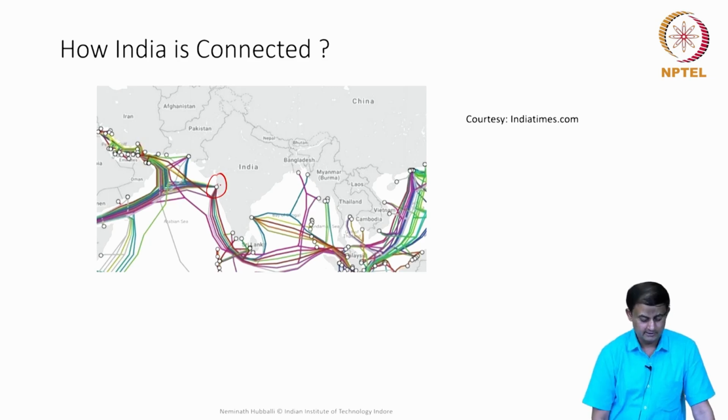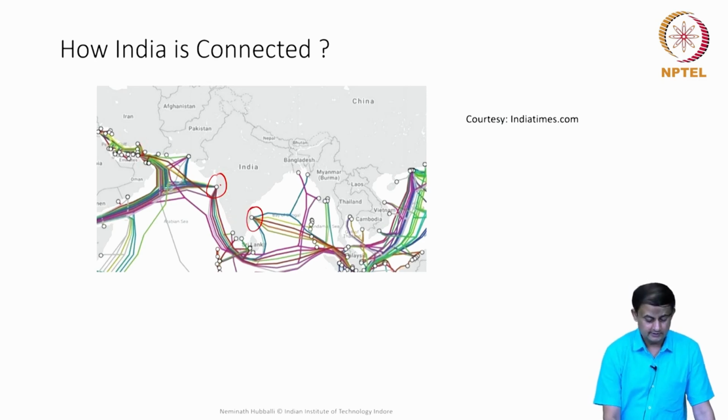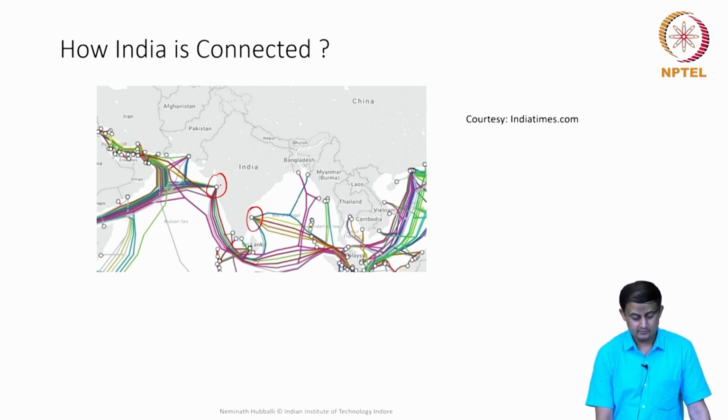This is the Mumbai region, and on the eastern side you have Chennai. There are a lot of cables going to the east, mainly to Singapore and Malaysia and other places, and from this location we are going to the Europe and US continent, and some of these locations are in Kerala, Thiruvananthapuram and Cochin and all that.